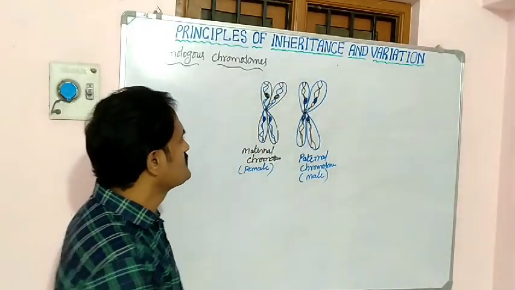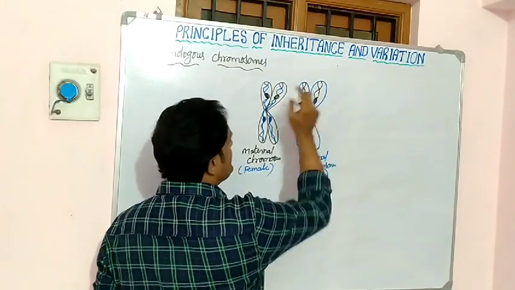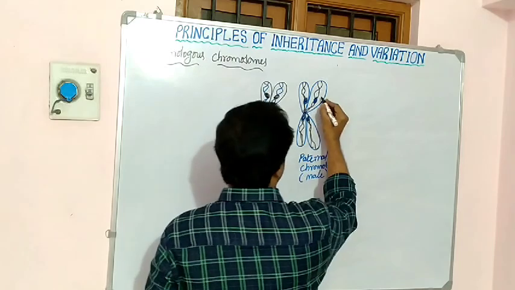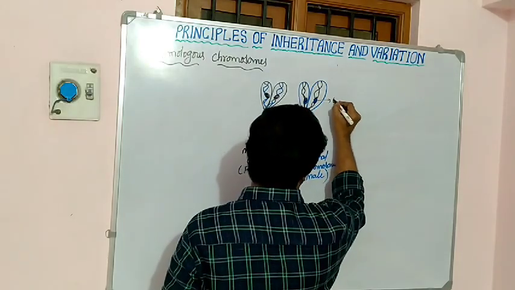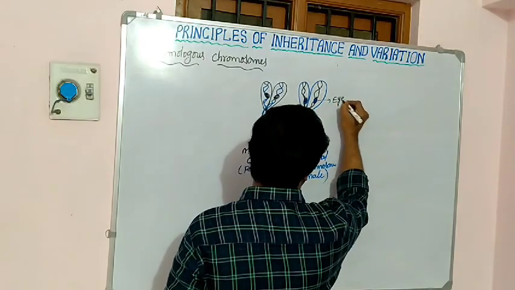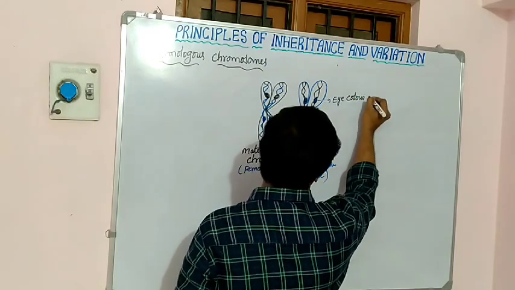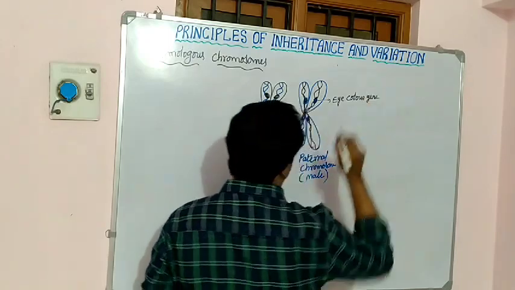For suppose this gene is able to give the eye color. It is responsible for the eye color gene. Which type of gene? Eye color.